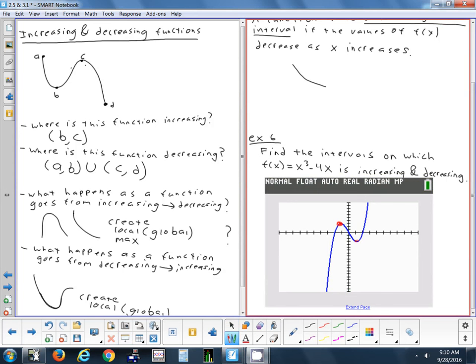Find this. Find that. And then I would say it's increasing up to the first point and from the second point on. Where is it decreasing? Between the 2 points. So when you write where it's decreasing, you need one interval. Where it's increasing, you need 2, connected with union. Okay, so any questions on that?